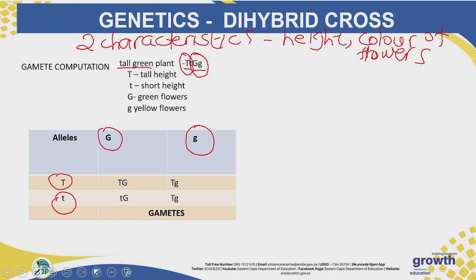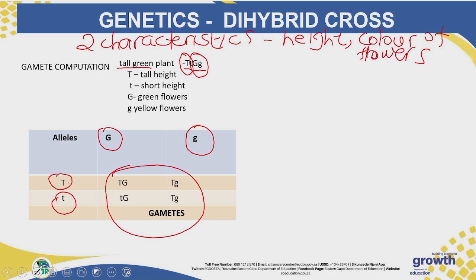So if we cross the T and the G, we are going to get capital T, capital G. Then we cross this small t with that capital G, then we have lowercase t and capital G. Then we cross this capital T with that small g, it's capital T, small g, and the same way. So these would be the gametes from that one parent.